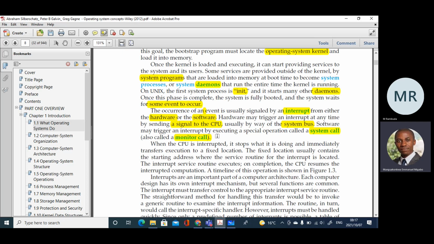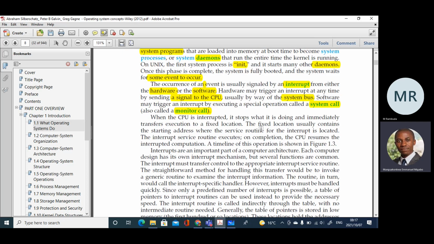Okay. When the CPU is interrupted, it stops what it is doing immediately. That's exactly what I explained earlier on. The fixed location usually contains the starting address where the service routine for the interrupt is located. The interrupt service routine executes first. And when it's done, the CPU resumes the interrupted computation, so it resumes from where it had left.